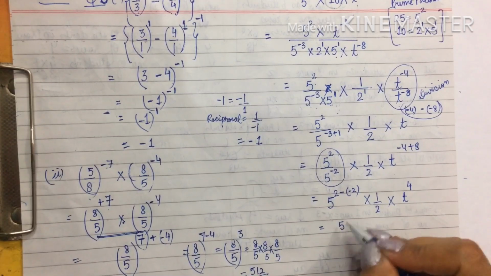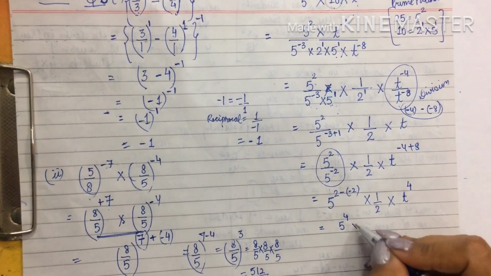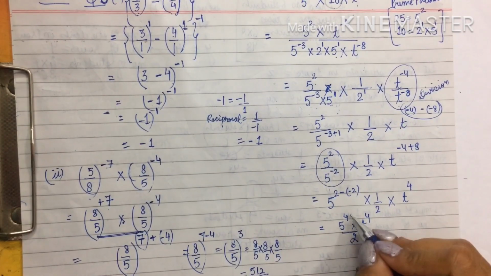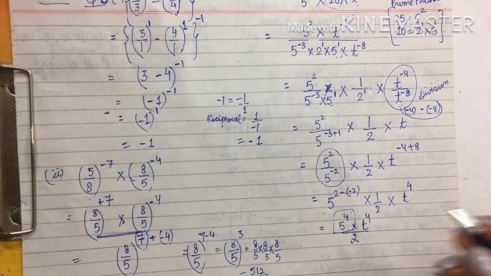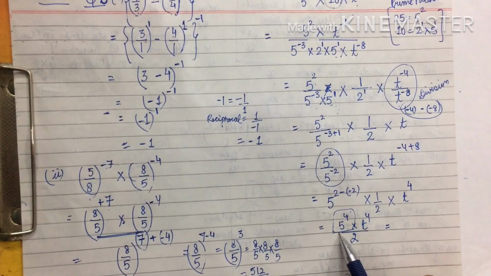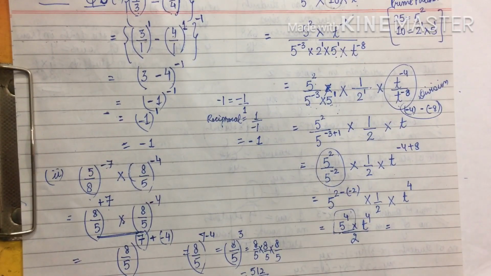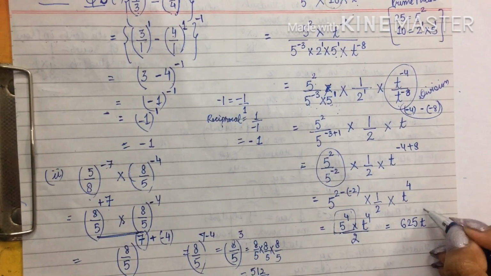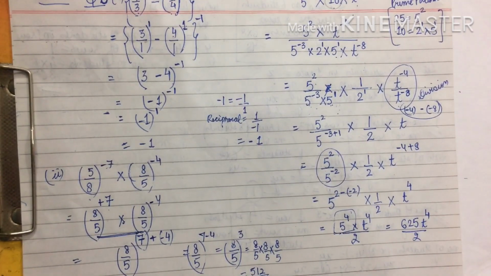So this becomes 5 raised to the power 4 into t raised to the power 4, whole divided by 2. You can simplify this if you want. Just remember, in case the exponents are large, do not simplify, leave it in the exponential form. So this gives you the answer as 625 into t raised to the power 4 by 2.